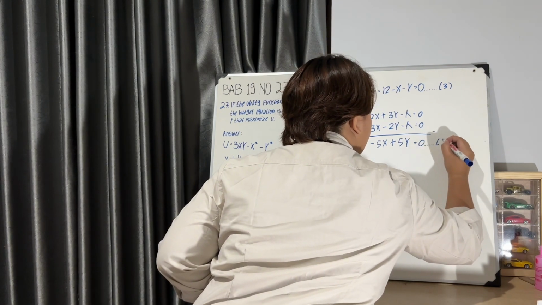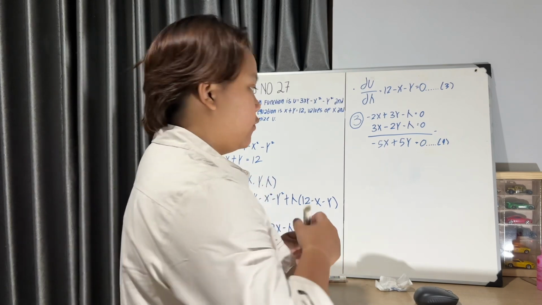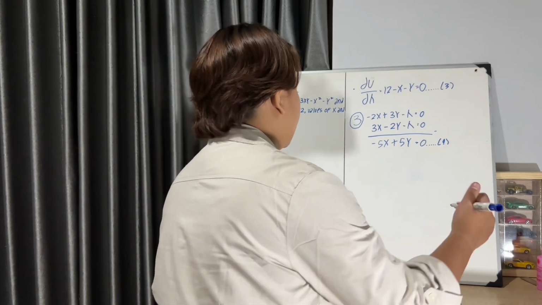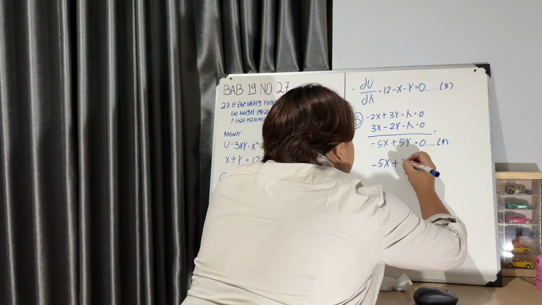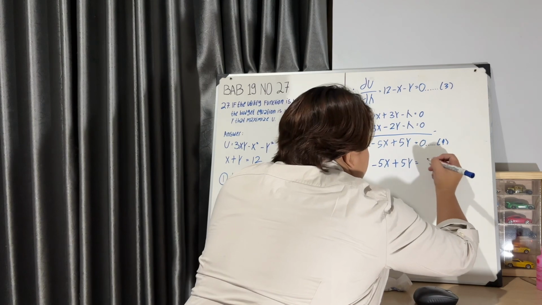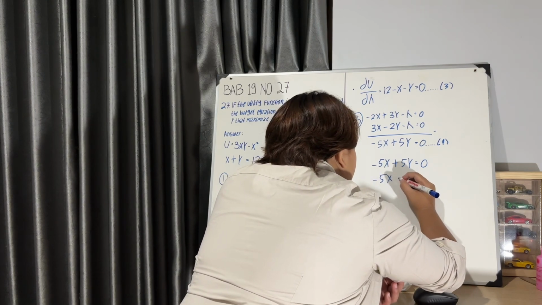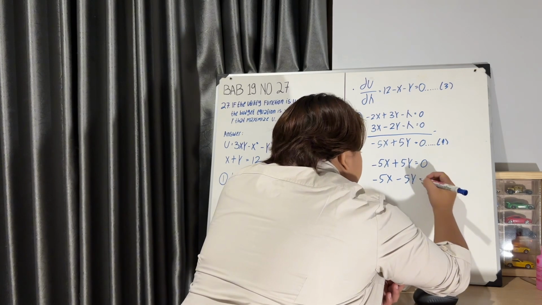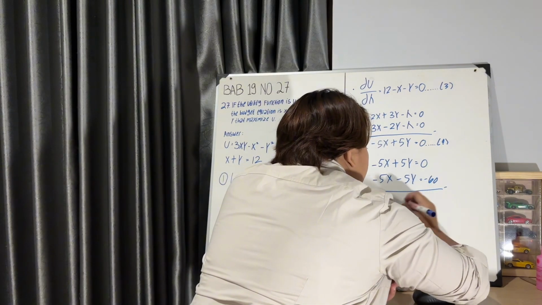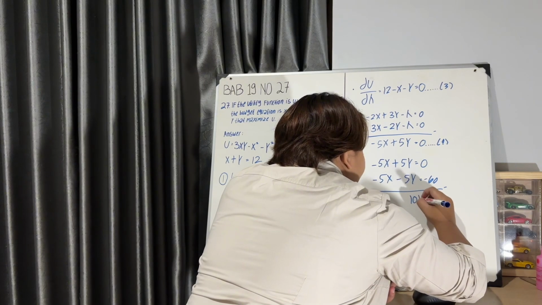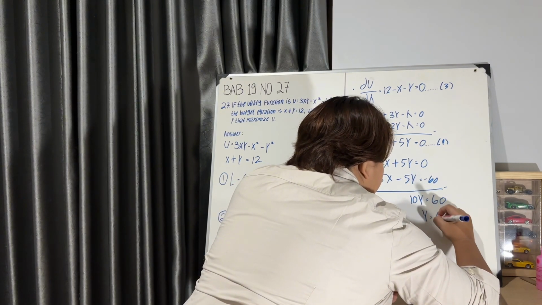This is equation 4. Then combine equation 3 times 5 and equation 4: minus 5x plus 5y equals 0, and minus 5x minus 5y equals minus 60, so 10y is 60, and y is 6.